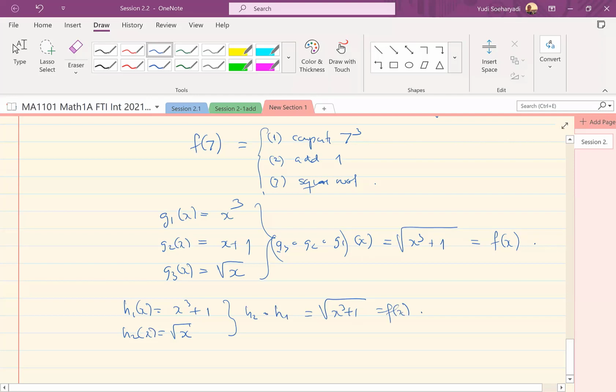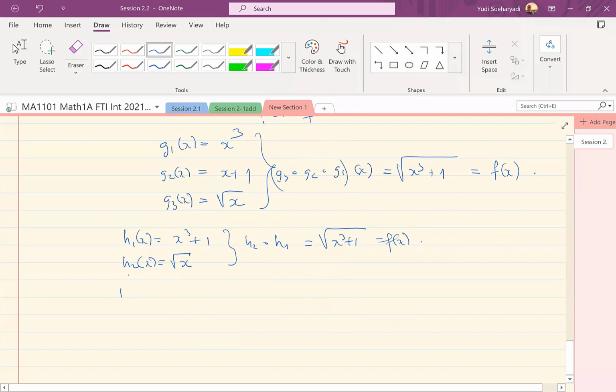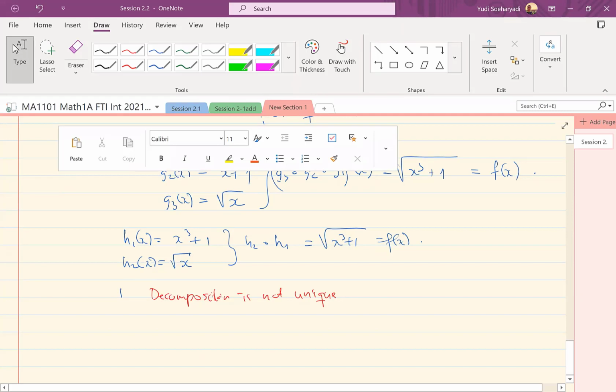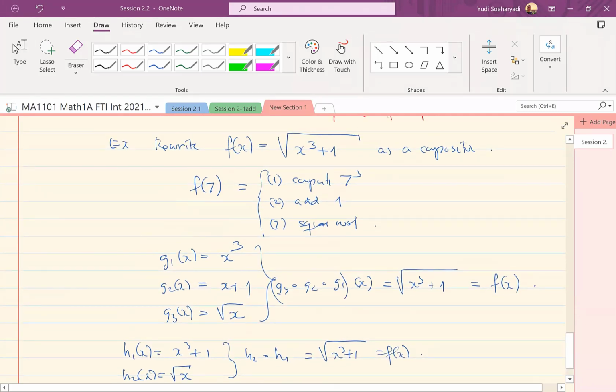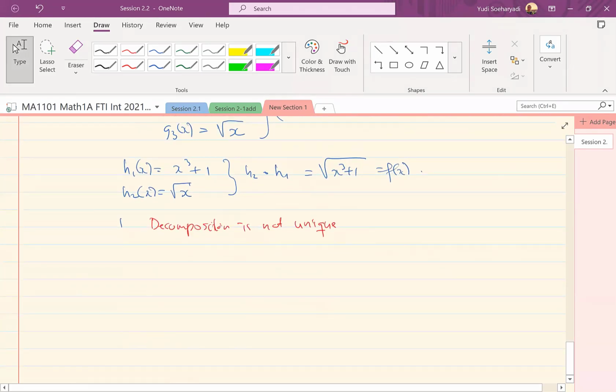So the decomposition is not unique. Here we find at least two ways to write down these functions.